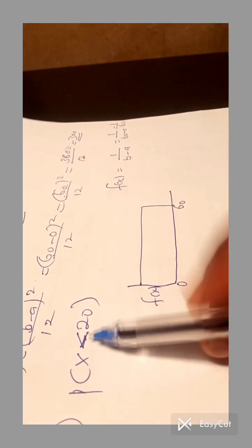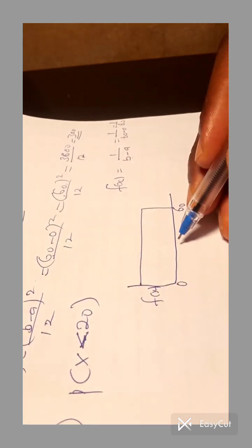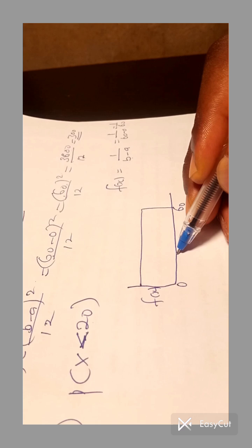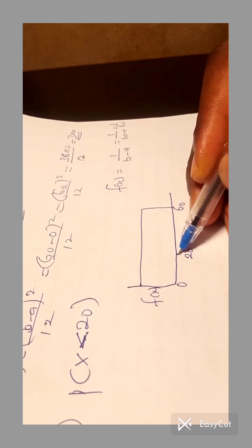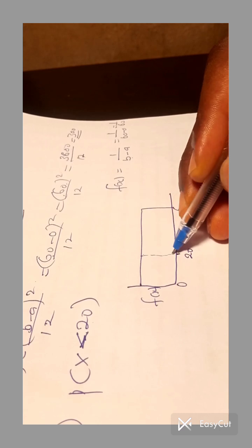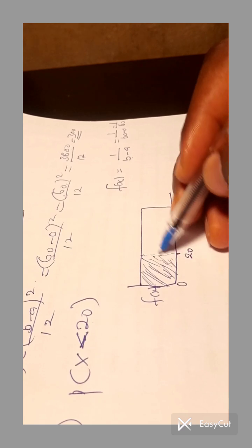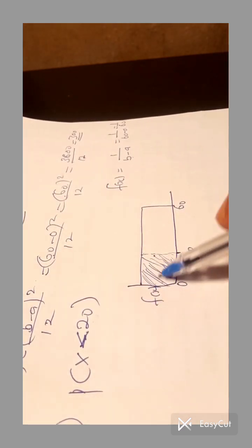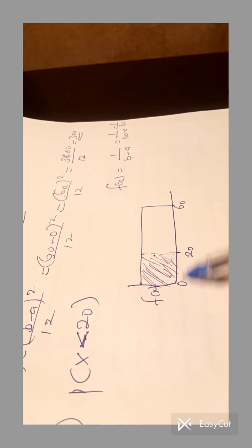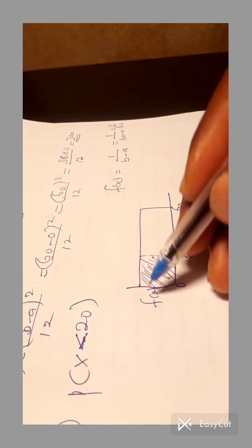What we are asked to calculate here is x less than 20. Let's say 20 is somewhere around here. Less than 20 will be the area to the left, and that again gives us a rectangle. To calculate this, we simply calculate the area of this shape, which is base times height.